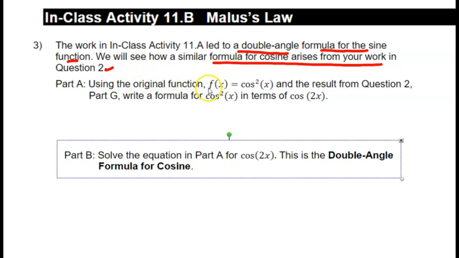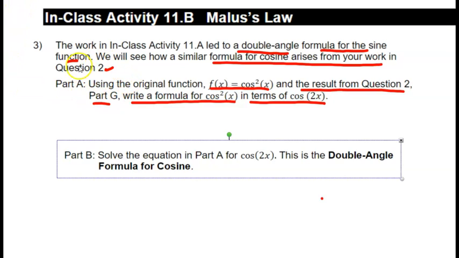Using the original function f of x equals cos squared x and the results from question 2, part G, write a formula for cos squared x in terms of cos 2x. And then part B, solve the equation in part A for cos 2x. And this is the double angle formula for the cosine.